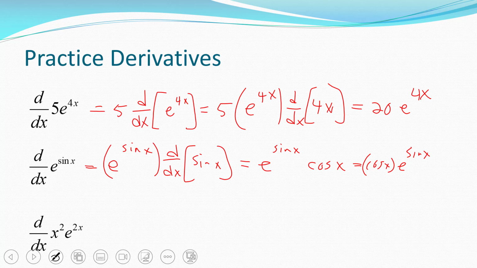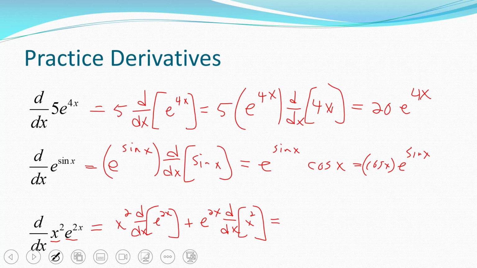Great. The last one. So the derivative of x squared times e to the 2x. That's a product. See, there's a factor and a factor. So I'm going to need the product rule. It would be the first factor times the derivative of the second factor plus the second factor times the derivative of the first.